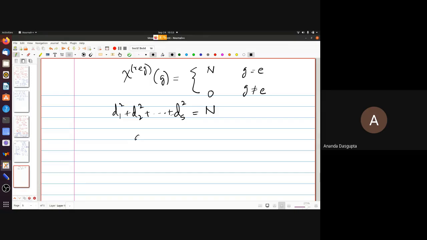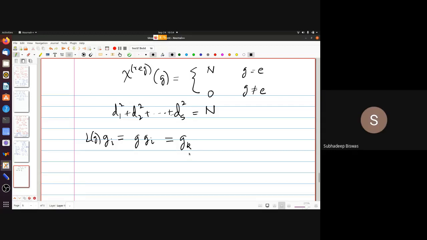Then you are defining LG acting on GI, not as GI G inverse, but as G GI. But this will also be some group element, right? Has to be. Is it okay? Yes. Remember, it has to be some GK.